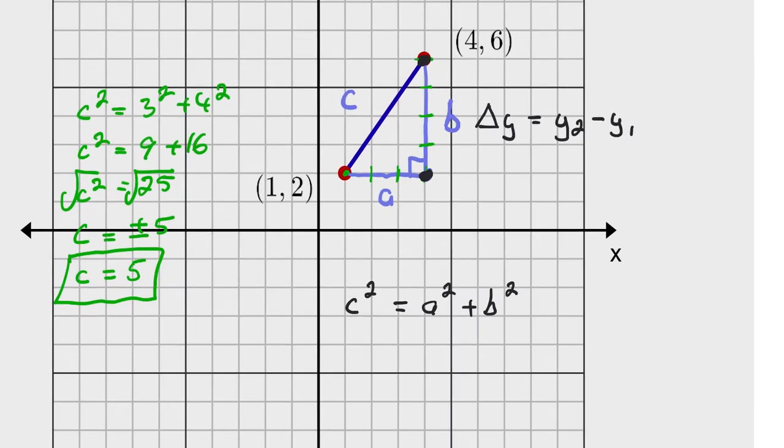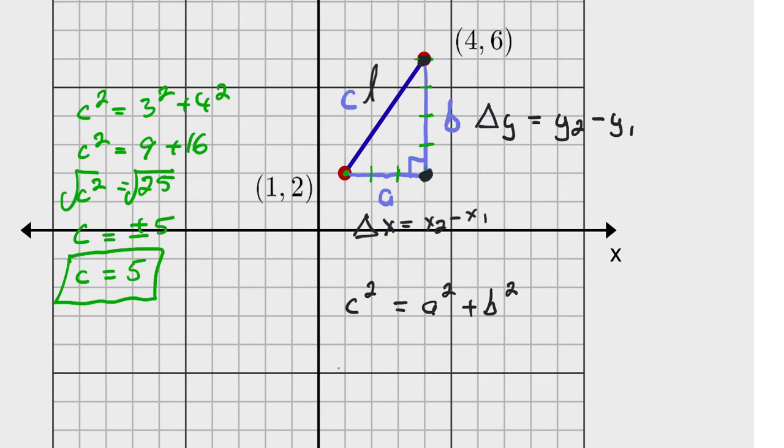And the same can be said for a, which will be the change of x, which is x2 minus x1. And if we make one more change to this diagram and turn C into length, or L, then we're almost there. So we take those three pieces and put them into the Pythagorean theorem.